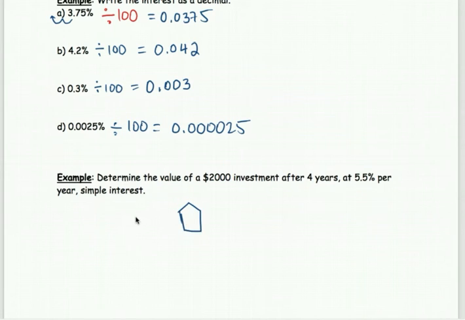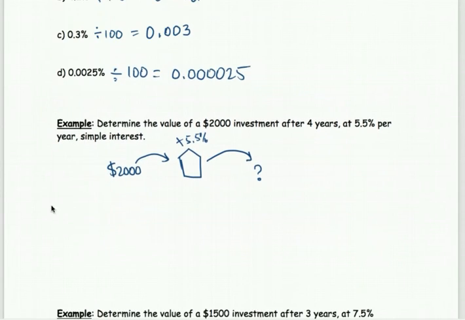You're putting in $2,000, and then you need to figure out how much money you are going to have at the end. If we leave it there for 4 years and the interest rate is 5.5%, how much money will you have at the end?